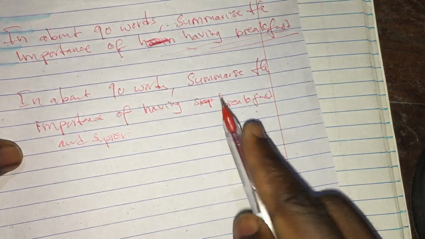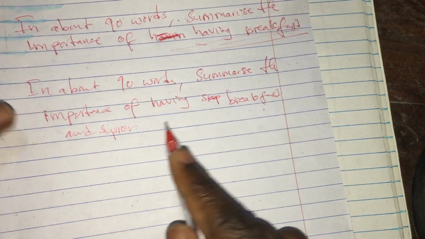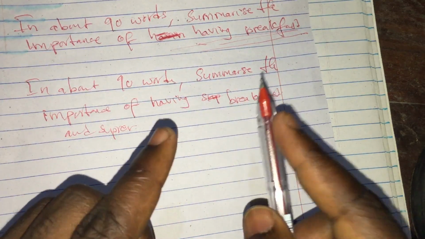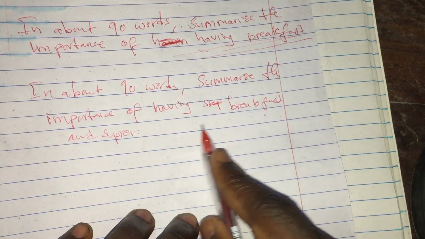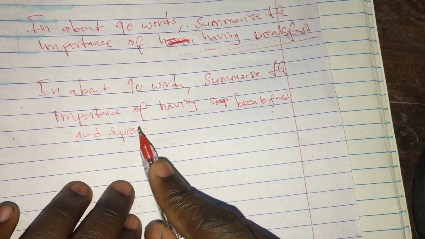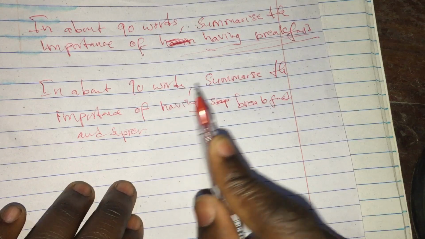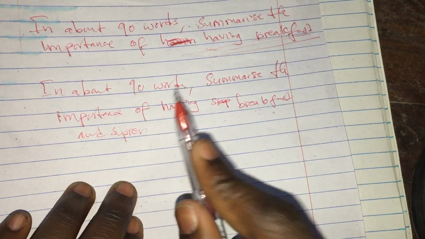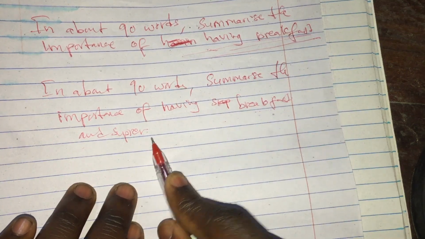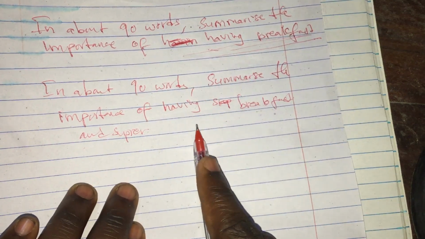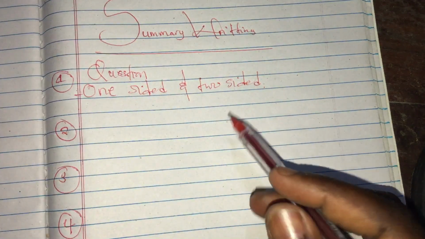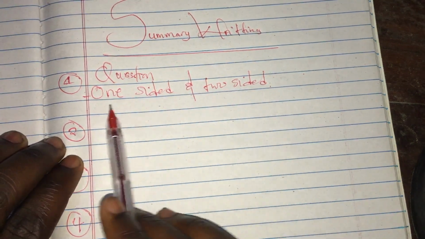You have seen? Here I have breakfast and supper. So this is what you call a two-sided question. You have to give points for the importance of having breakfast, and also points for the importance of having supper. So this is one-sided, and this is two-sided. All right.